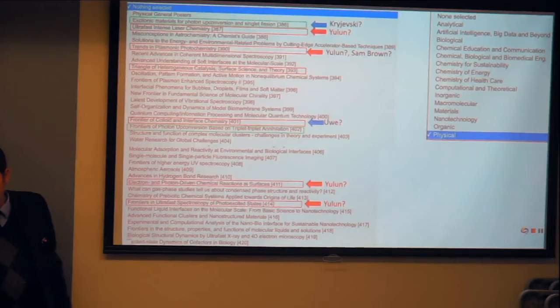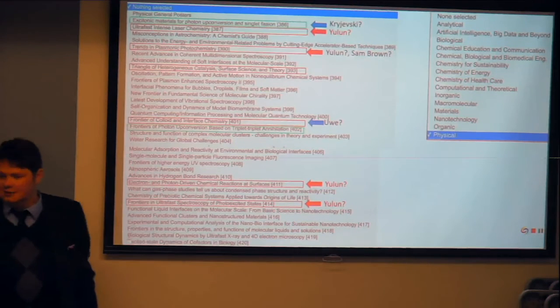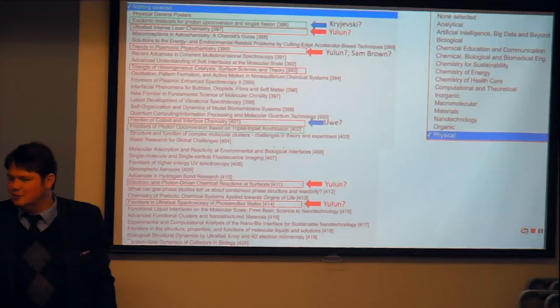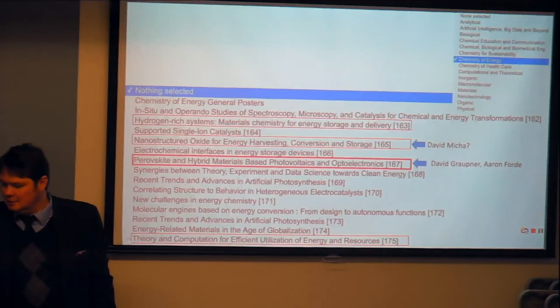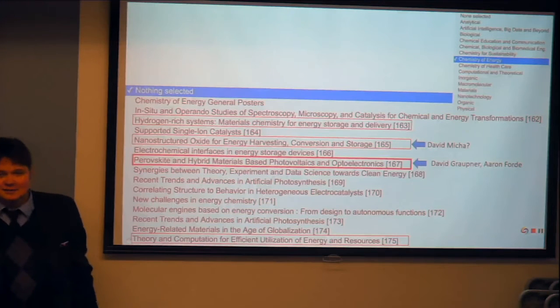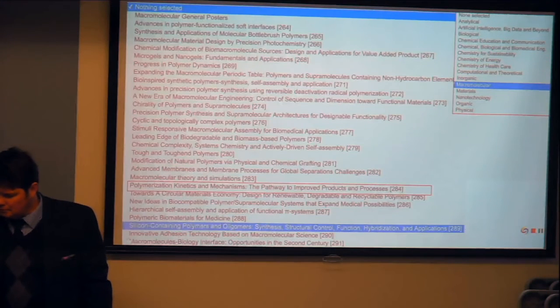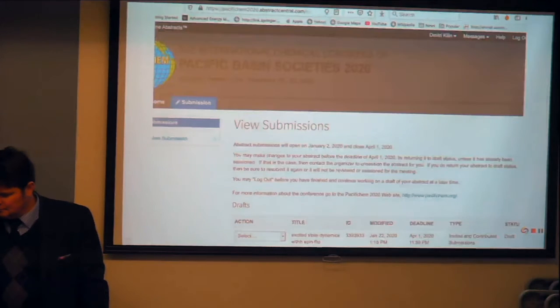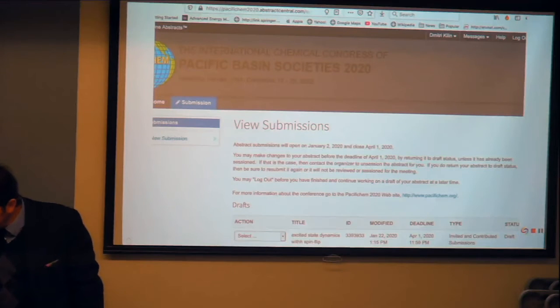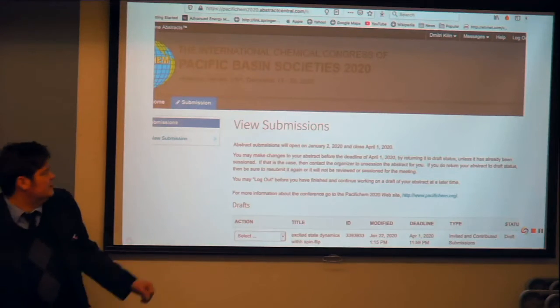So maybe submit. And there is perovskite in the image section. Yes, it's called the website. So the deadline is the 15th? No, April 1st. Still.